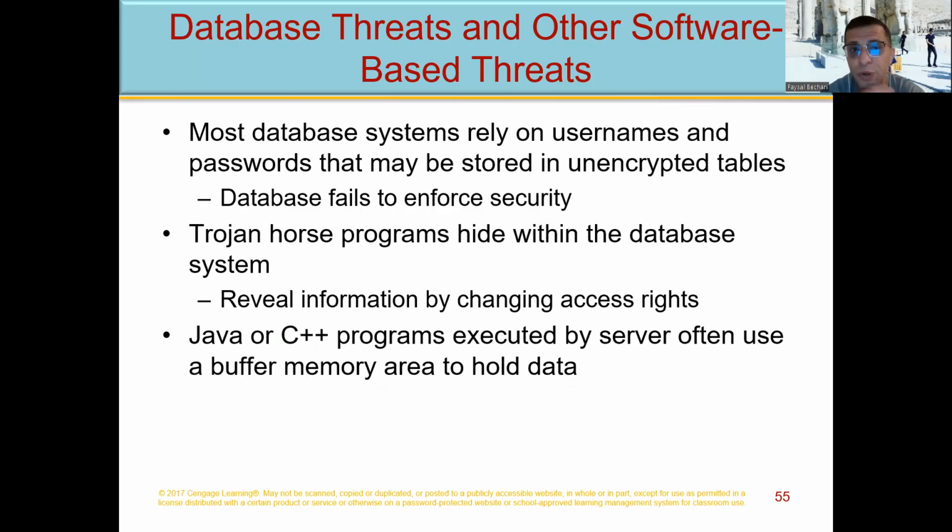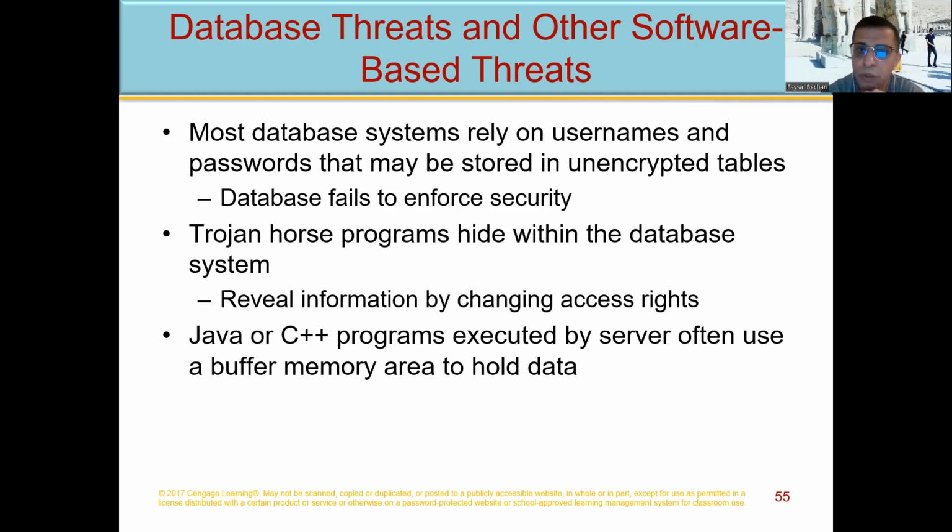Then you have what you call a database threat and other software-based threats. Most database systems rely on a username and password that may be stored in encrypted tables. So the first one we looked at is the web server. Now the database fails to enforce security once you're in, you cannot get them out.